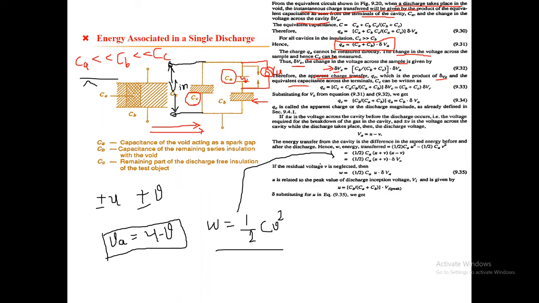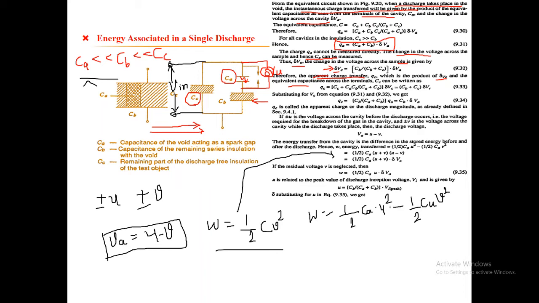Okay, so as it is written, the energy transfer from the cavity is the difference between the energy that is being stored and the energy that is being released. So W is equal to 1/2 Ca into U square, that is the amount of energy stored before the discharge, minus the energy released after the discharge.